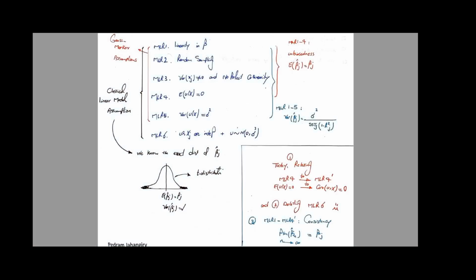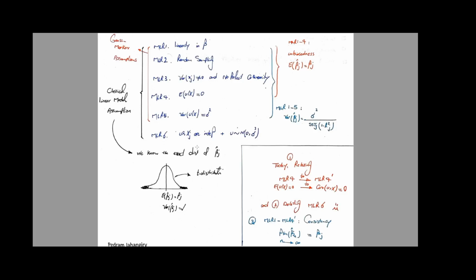So having assumptions 1 to 5, I know the expected value of my estimator. I know the variance of my estimator, right? But I have no idea about the shape of the distribution of these beta hat j's. So for that, we needed to make assumption number 6. With assumption number 6, because the errors are normally distributed, we can have some idea about the distribution of beta hat j.